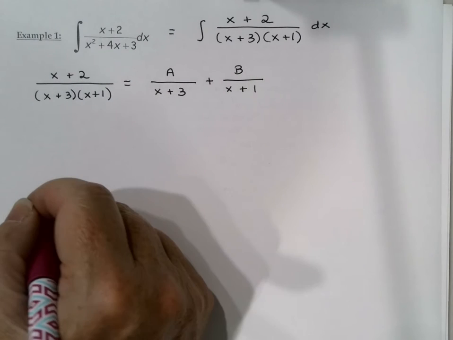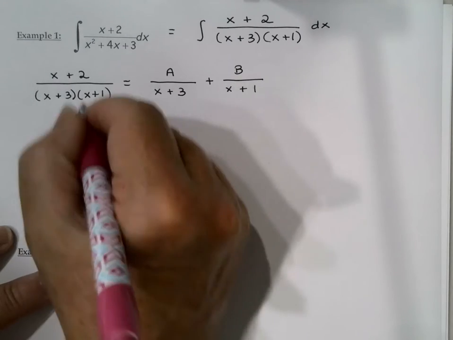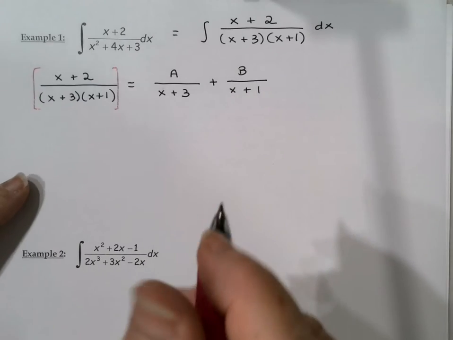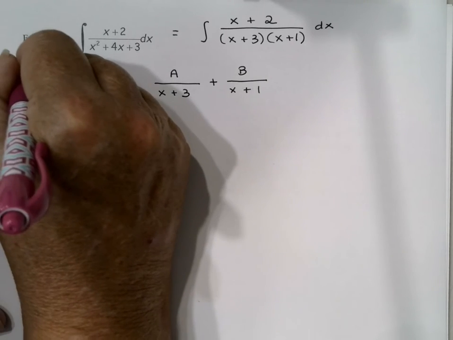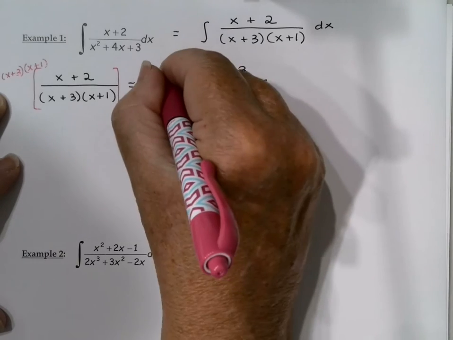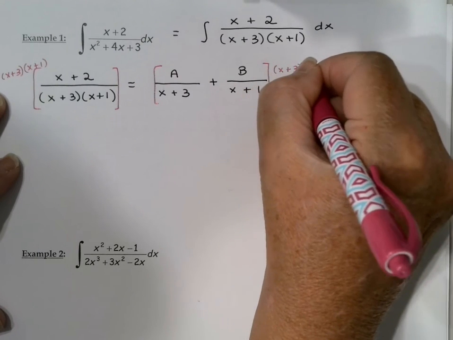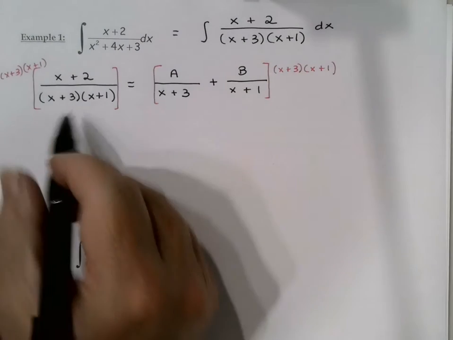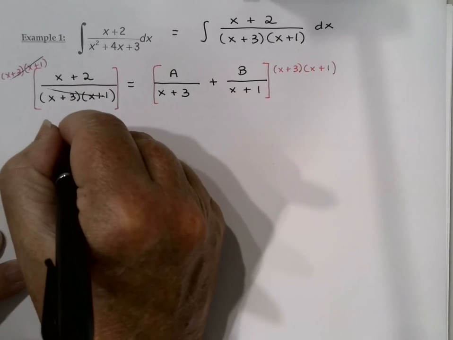All right, like any rational equation, to solve it, I'm going to clear the fractions. I'm going to multiply both sides by the LCD, x plus 3, x plus 1. And on the left, everything just cancels out, and I end up with just the x plus 2.